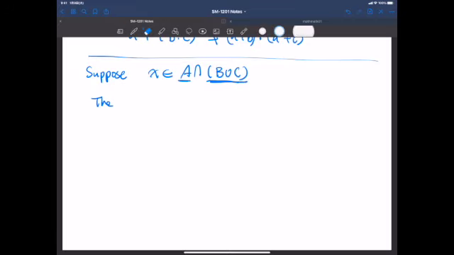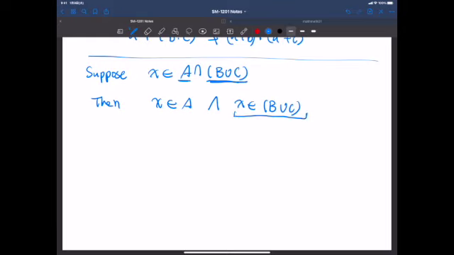This means x belongs to A and x belongs to B cap C, right? And now consider this part. This means x belongs to B or x belongs to C, right?